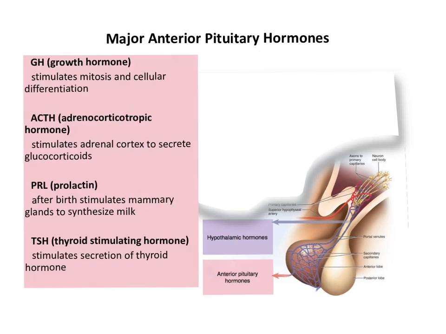Now, these are the rest of the anterior pituitary hormones I want you to know. We've got growth hormone, which stimulates growth. We have ACTH, called adrenocorticotropic hormone. That acronym makes a lot of sense.